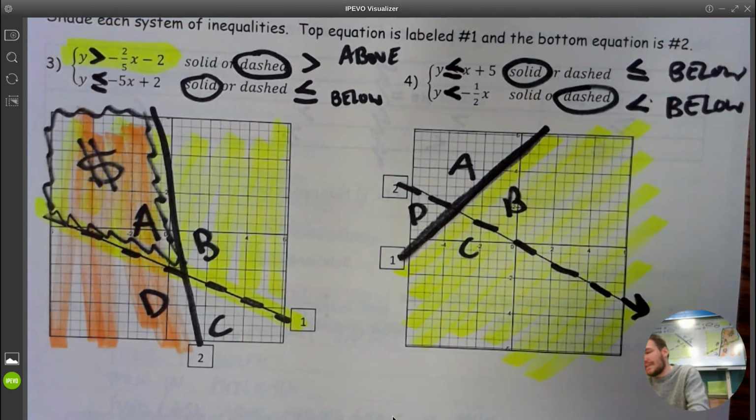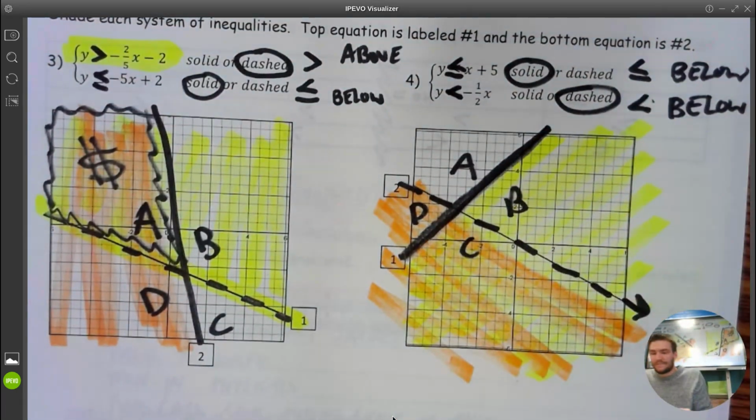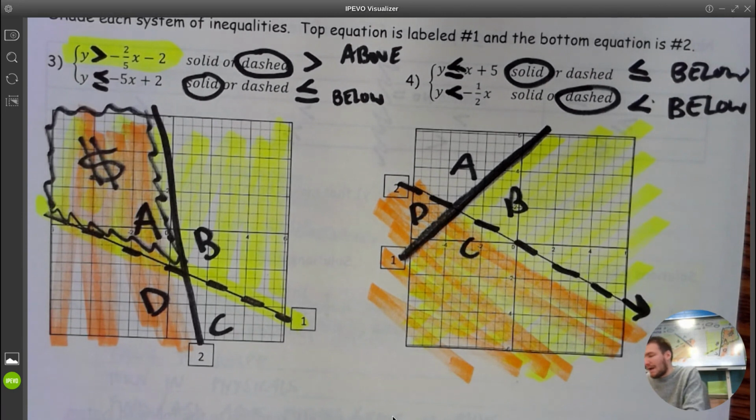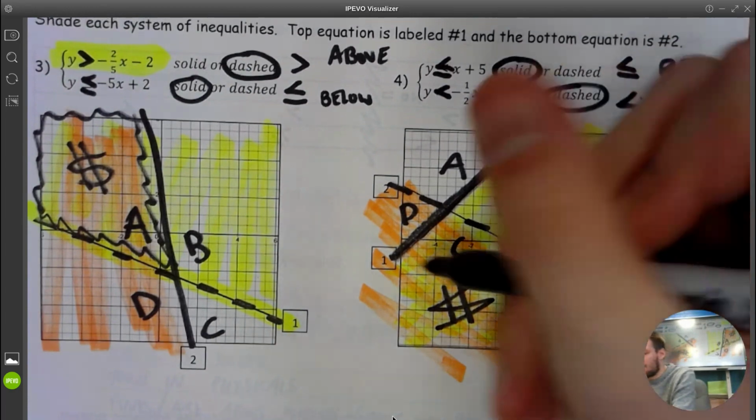Of course, on the DC side. And so out of all 4 of these corners, which one is colored by yellow and orange on my paper? C, of course. Right?